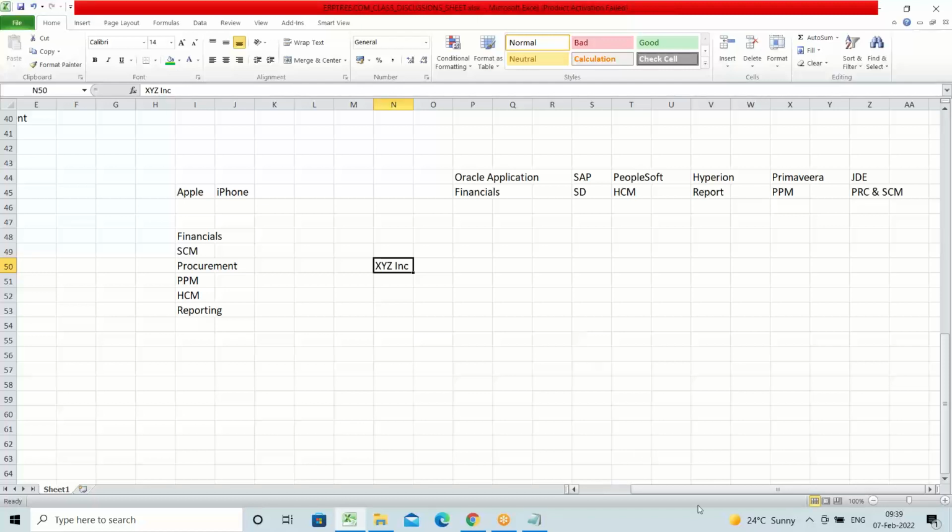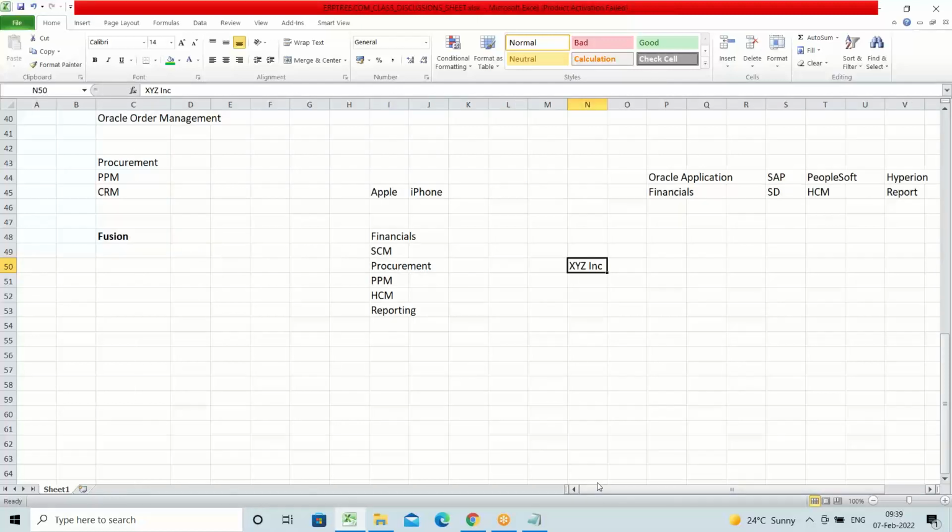What Oracle did is, already they have their own product called as finance in the Oracle applications. From Oracle applications, they took financials. Okay, from Oracle EBS you can say. From Oracle, their own product, they taken financials.